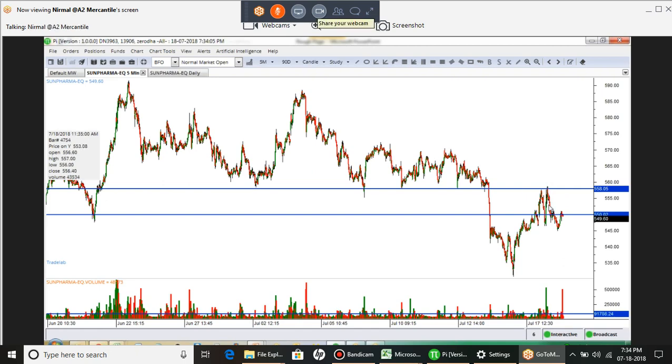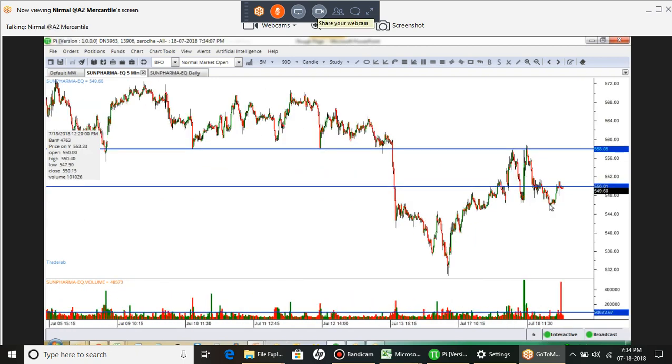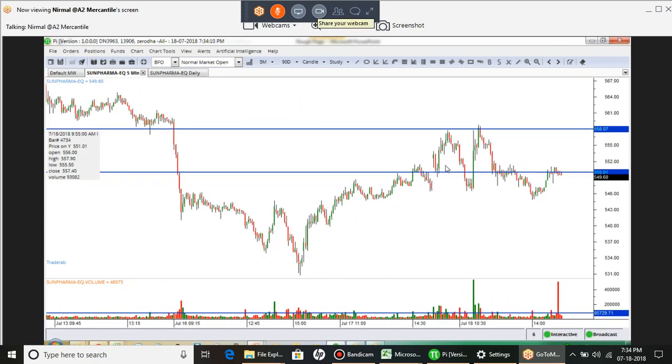Yeah. It went into the range. Why did it go into the range? I'll tell you. See, today the opening was in between the range. Okay. Now, selling here doesn't make any sense, right? For that, it should be opening somewhere here. Correct? If it opens here, you can sell this level and it should come down. But if it is opening here, which level will you sell?